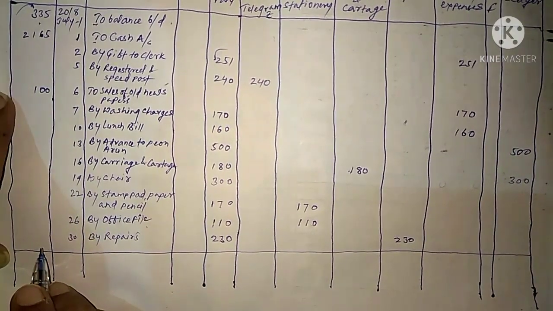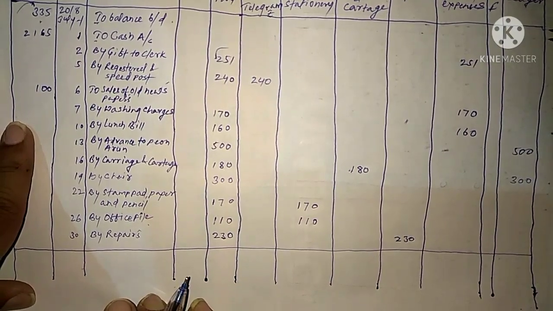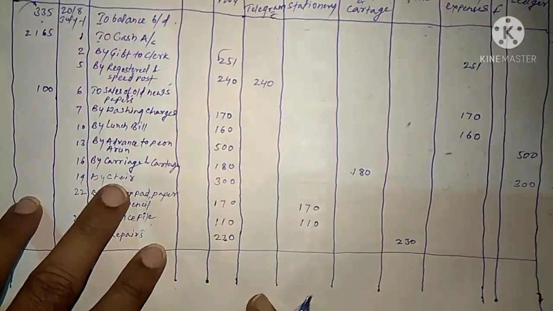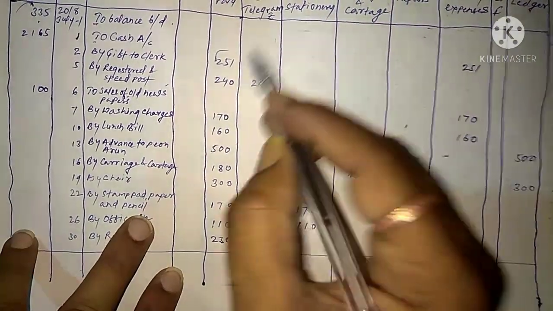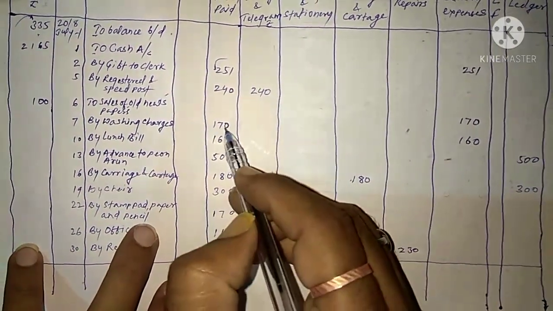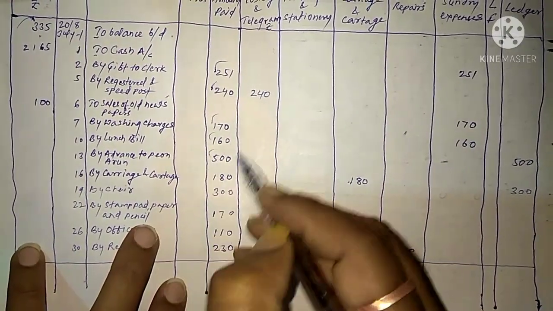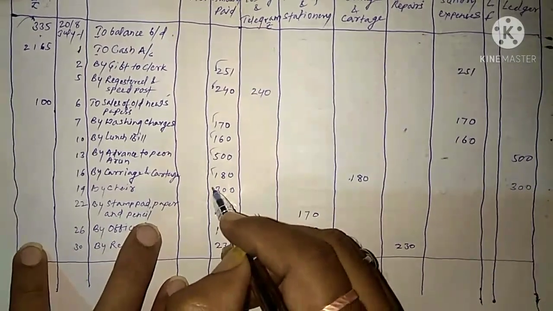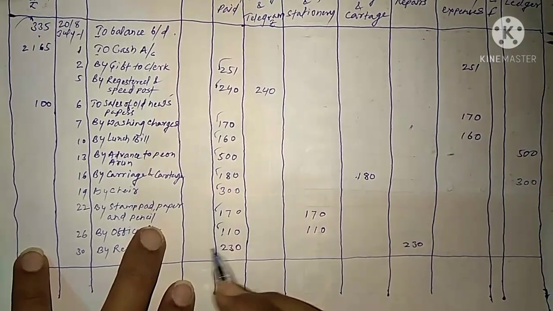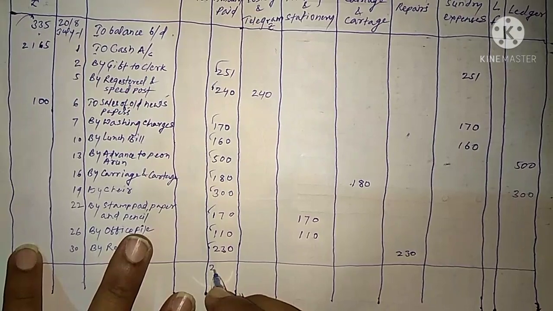Receipt side total, first we have to take the total amount paid: 251, 240, 170, 160, 500, 180, 300, 170, 110 and 230. So total is 2311.